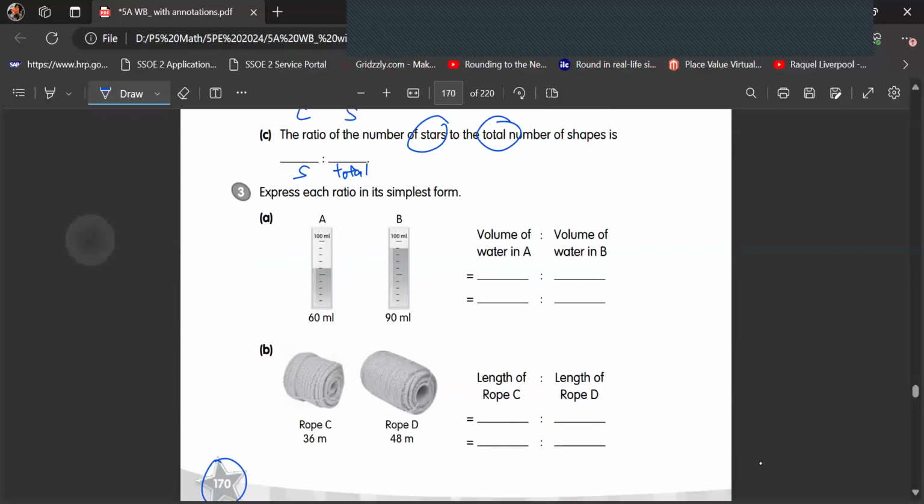So in this case, I have 60 is to 90, from A is to B. Try to divide by the bigger numbers first in the times table. Some of your friends already said divide by 30. Very good, you are very quick in recognizing that. If not, I will go by dividing by 10, so I will have to go one more step for the simplest form.